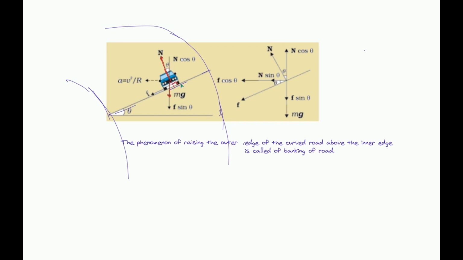This is the surface in contact, so it must be perpendicular to this surface. Do you agree? Yes. So that is your N. Next, what else we can see? Friction is acting in this direction, along the inclined plane, correct? So that is this F here.